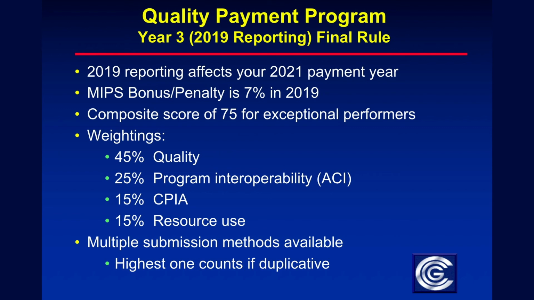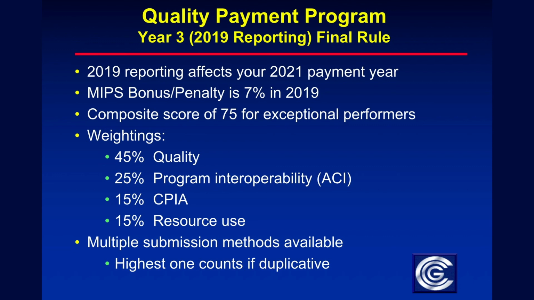Quality weight decreases to 45%. Program interoperability, which was formerly advancing care information, remains at 25%. Clinical practice improvement activities remains at 15%, and resource use or cost use increases to 15%.